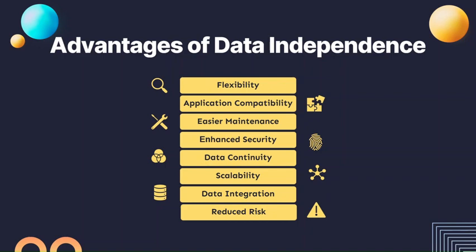Easier maintenance. Maintaining here can also refer to updation and deletion anomalies, which wouldn't occur if there is data independence. Enhanced security. So if a DBA which works at the logical level is changing any relationship in the data, it wouldn't affect the higher views. So our data is secured. Data continuity, that is, data works continuously and there is a flow between the data which doesn't break even if we alter it.